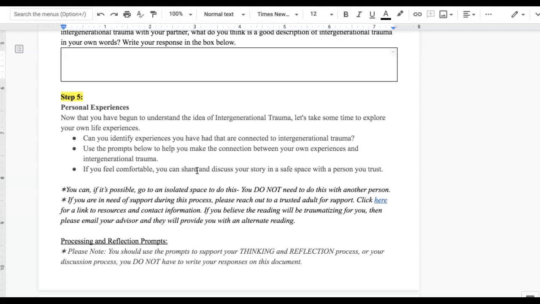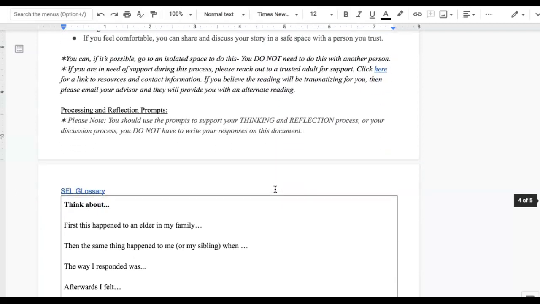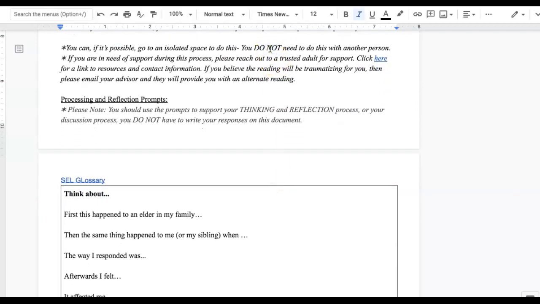If you feel comfortable, you can share or discuss the story with someone in a safe place that you trust. But you should know that you have the option of doing this part by yourself. You do not have to do this with another person.